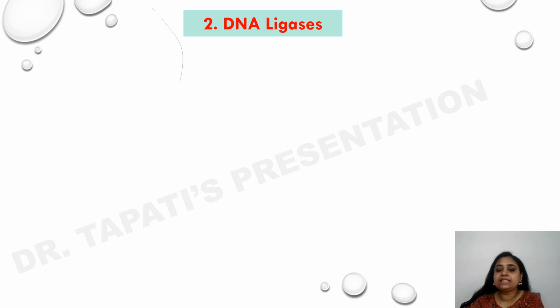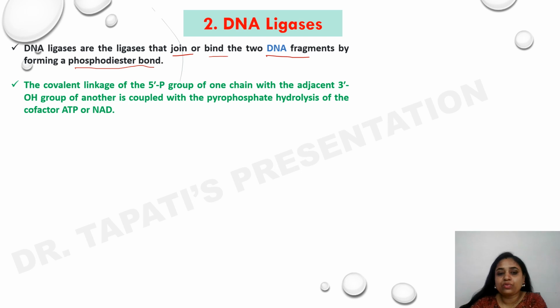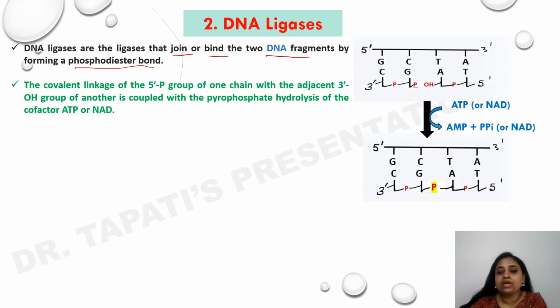DNA ligases are enzymes that join two DNA fragments by forming a phosphodiester bond. In that case, the covalent linkage of the 5' phosphate group of one chain with the adjacent 3' hydroxyl group of another is coupled with the pyrophosphate hydrolysis of the cofactor ATP or NAD.